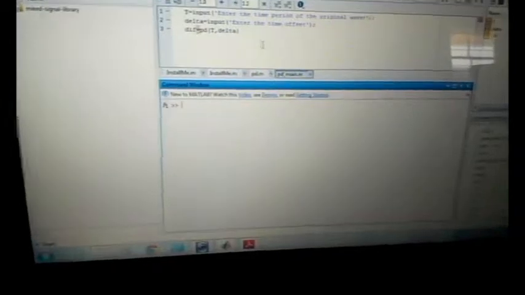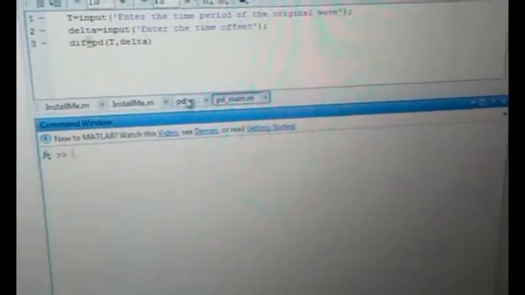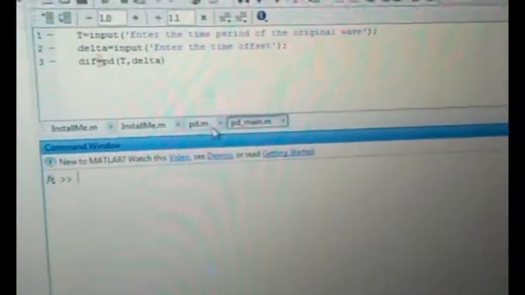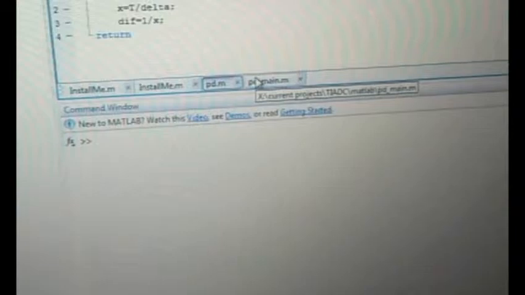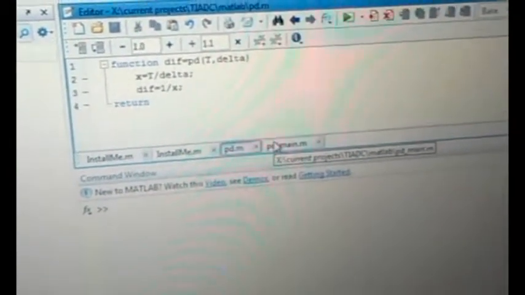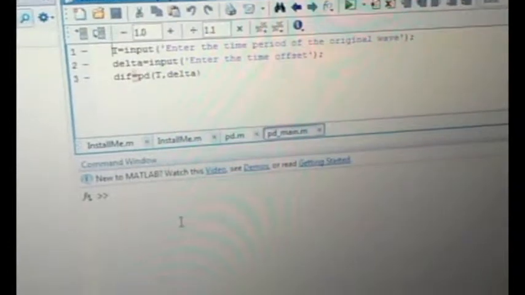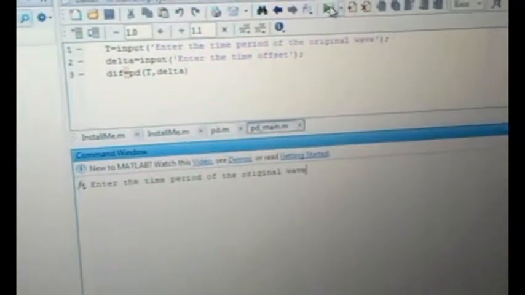This is basically our program, PD main and PD. PD main calls the function which determines the phase difference. This gives a fraction of your main period. So let me run it just to show you how it works.